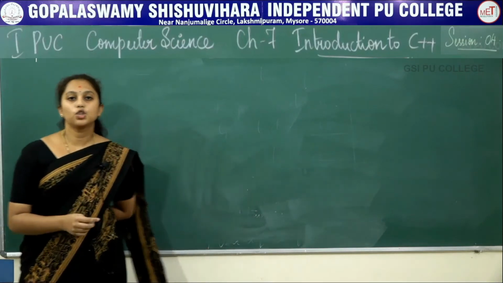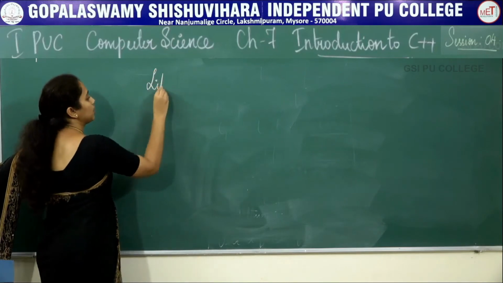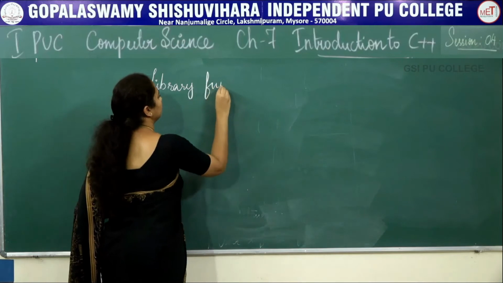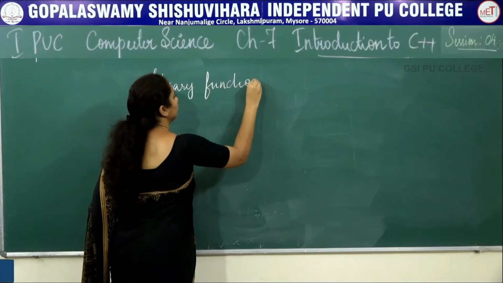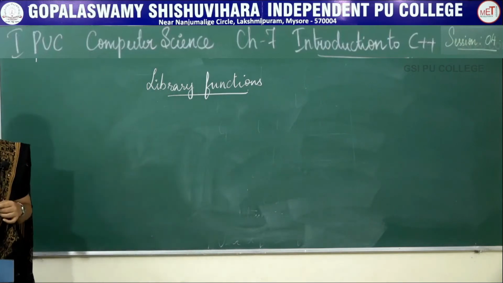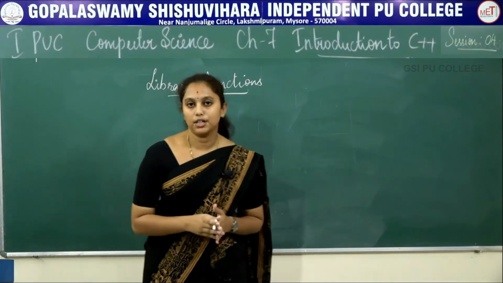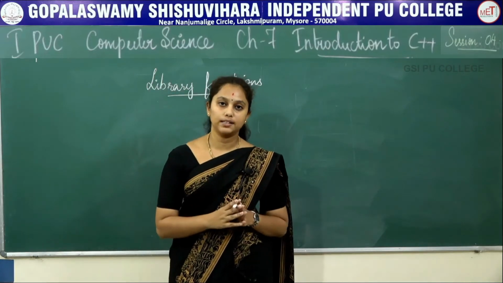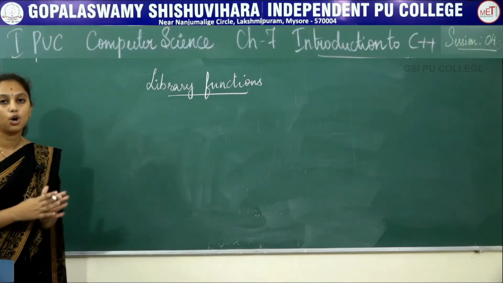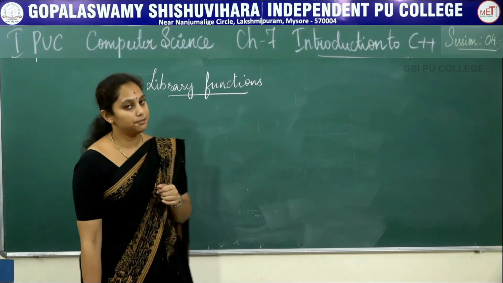And the next topic is library functions. What are library functions? These are all the built-in functions which are grouped together and placed in a common place called library. In library functions, there are different types.